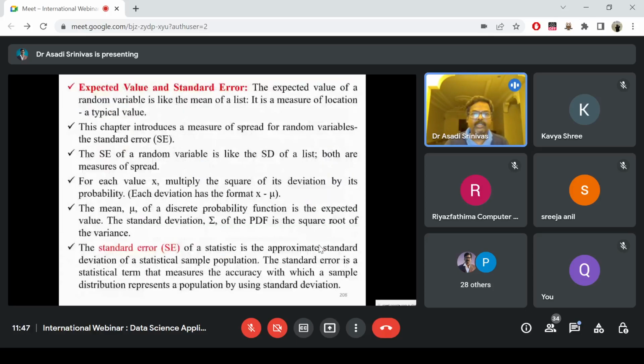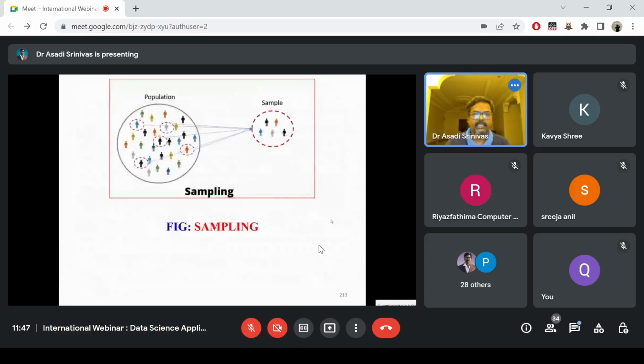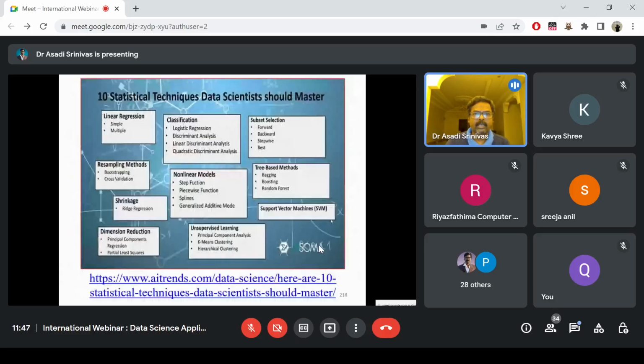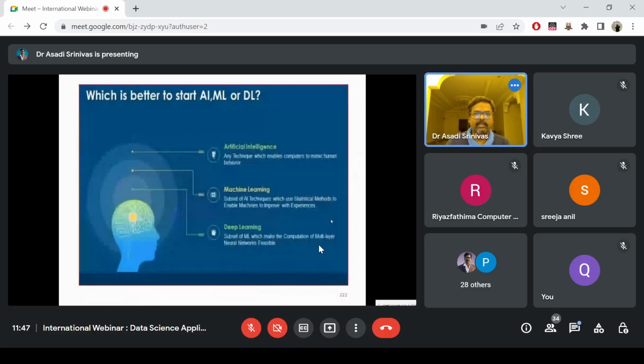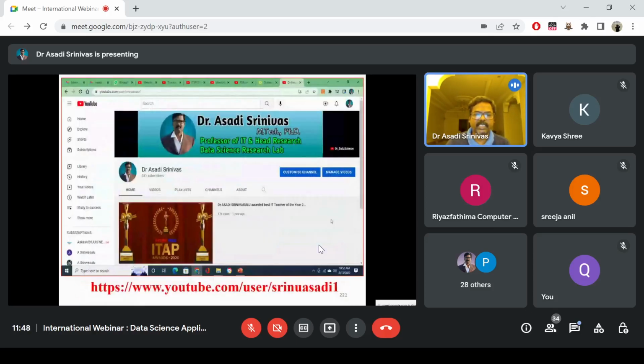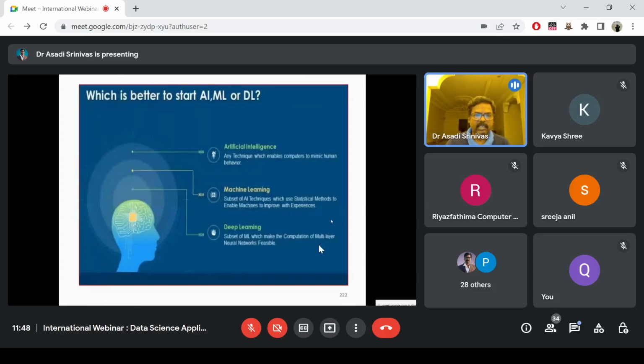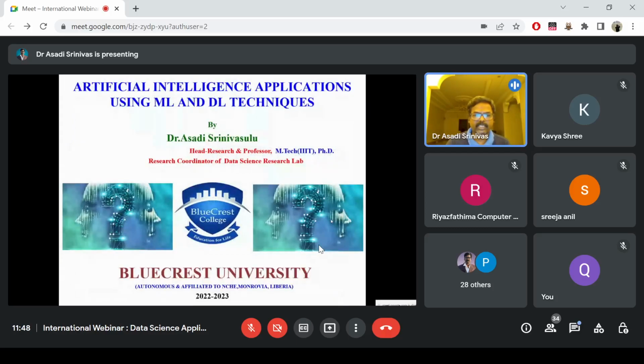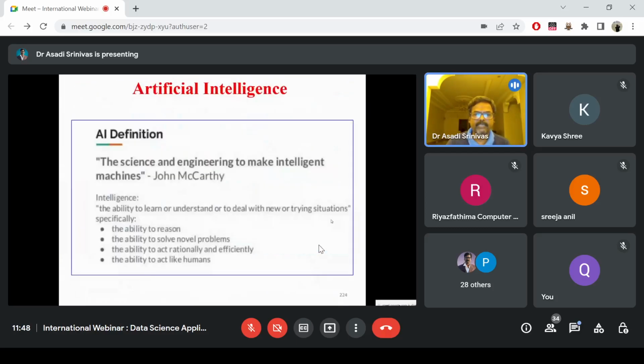Now I'm going to demonstrate the next subject, called artificial intelligence techniques. Artificial intelligence is intelligent behavior in a machine, the science and engineering of making intelligent machines.